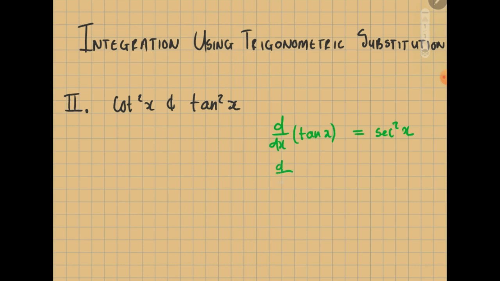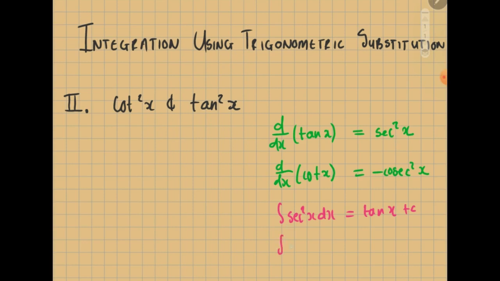And if I were to look for the derivative of cot x, then I will get negative cosec squared x. And this simply means that I can find the integral of sec squared x with respect to x, and it's going to be tan x, because it's the reverse.